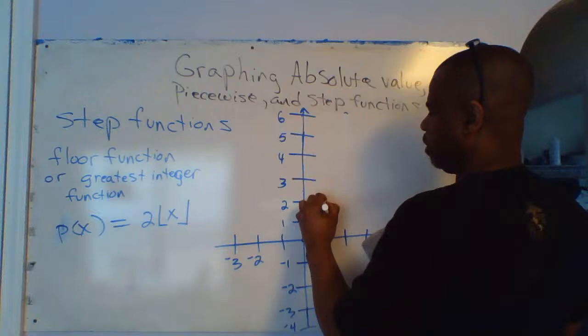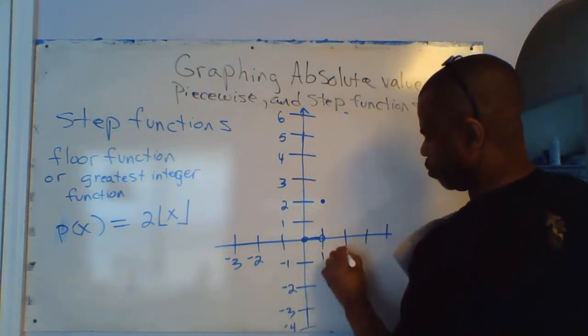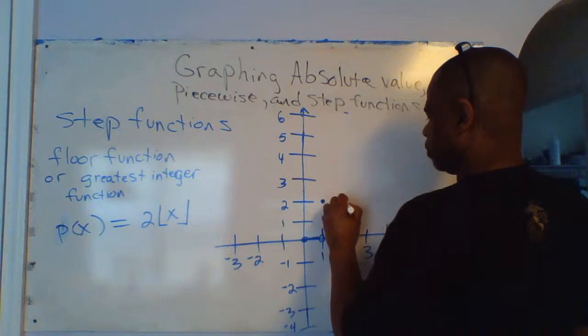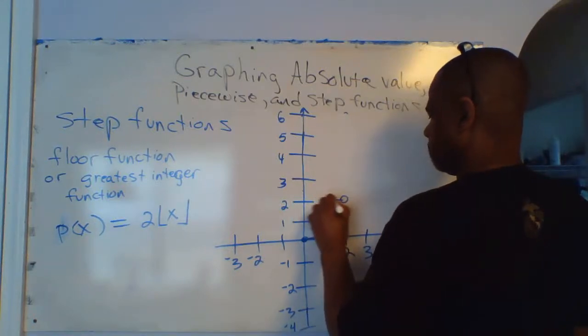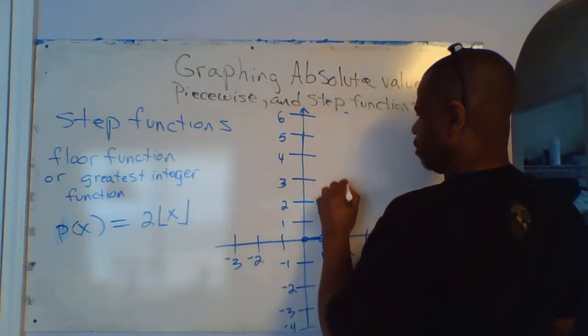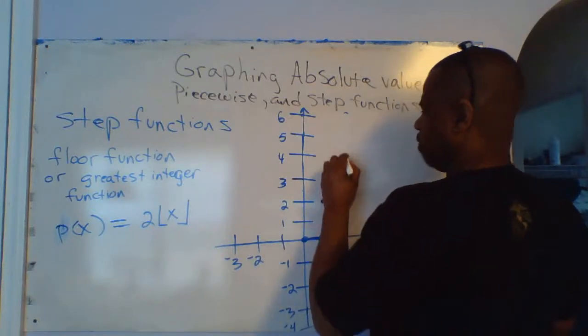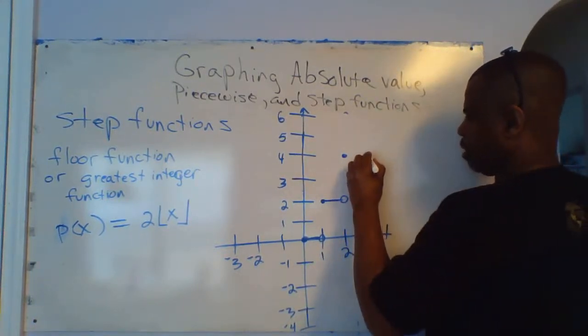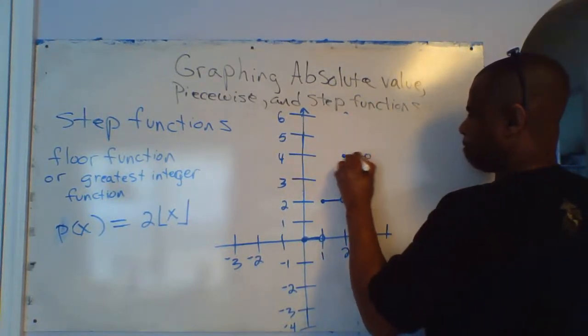Put a closed circle here. So this is 1, 2, 3. And so we're going to go over here, open circle. Since your y is twice as big, now you want to go up to 4. Close your circle. Go over to 3. Open your circle.